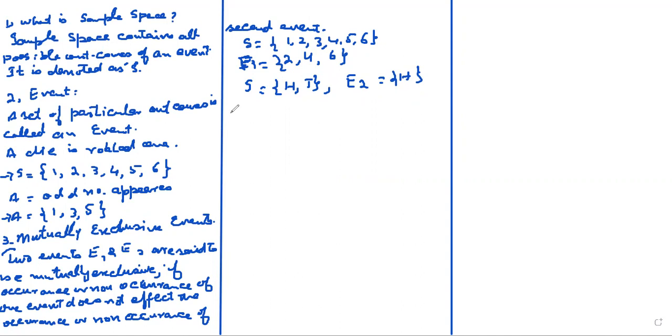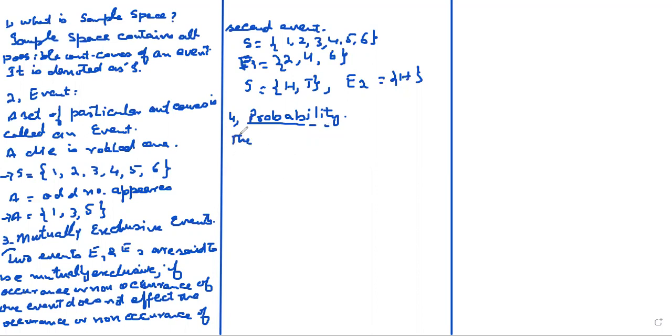Come to number 4, the definition, probability. The probability is the chances of occurrence. The word chance is used.